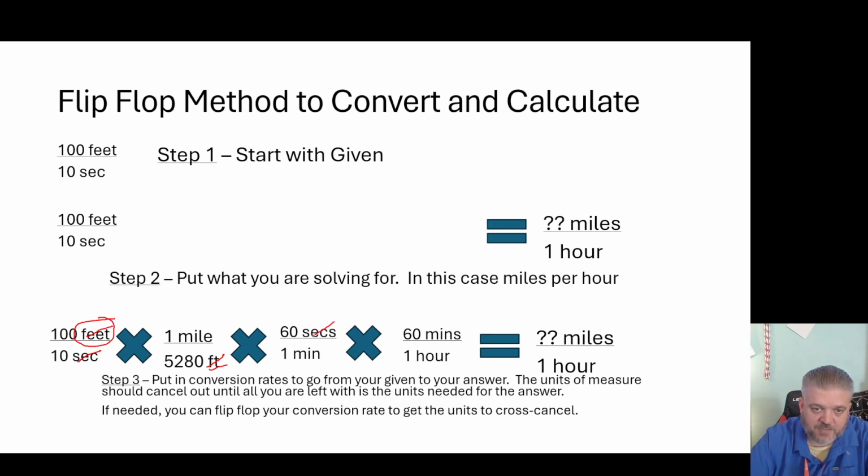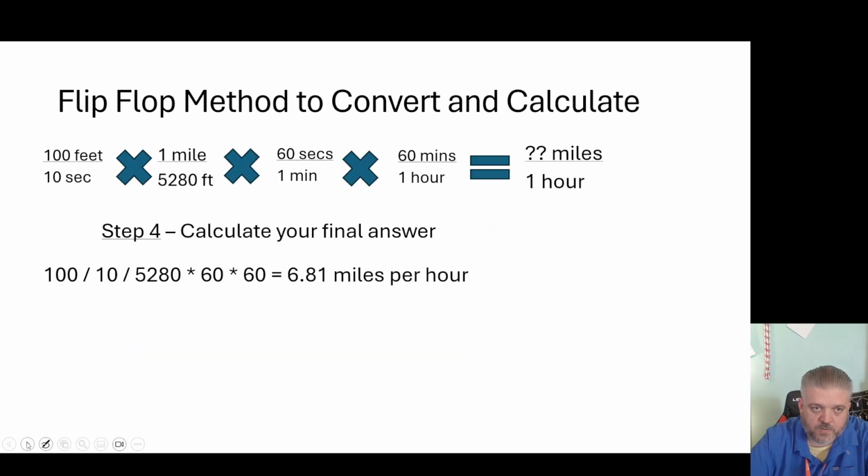I've got seconds up top, so my seconds units cancel out. I've got minutes at the bottom, but I'm still trying to get to hours, so I need one more conversion. I cancel this one out, this one, and now I've got miles per hour. I've got all my conversion rates in there right, but now I have all these numbers, so I need to do the math.